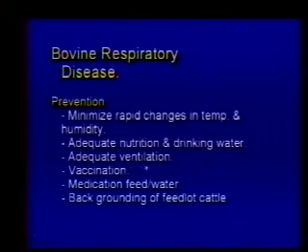This is very important. As ammonia builds up from the urine in some of these barns, it can irritate the lung and predispose the animal to viral and bacterial infections. And we want to provide ample ventilation.